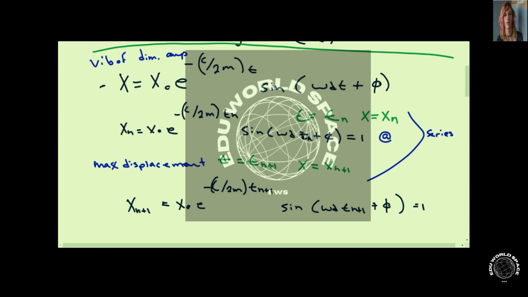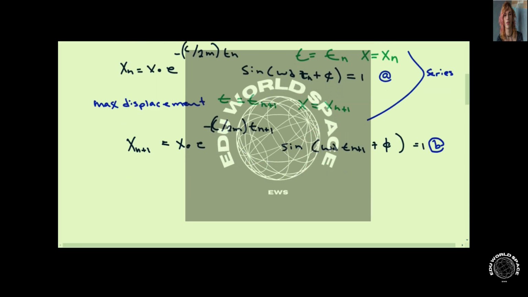This is going to equal 1, and this is going to be your b. I'm just going to scroll down. From this, we're going to set our wd tn plus 1 equal to our wd tn, saying A and B are equal from the inside here, minus the phi part.